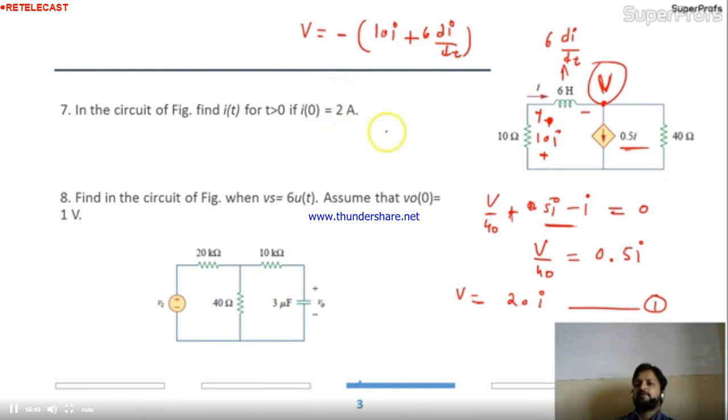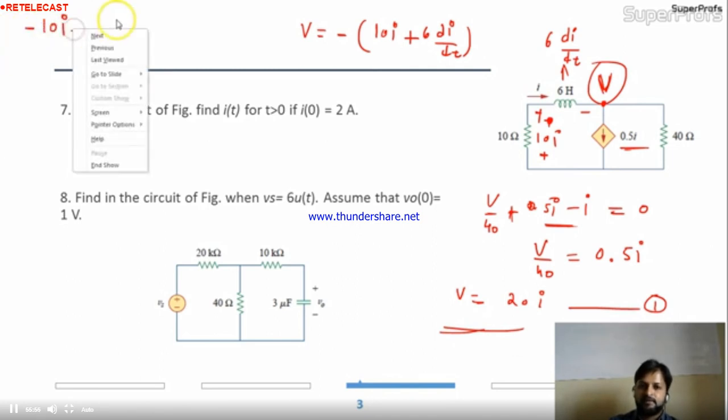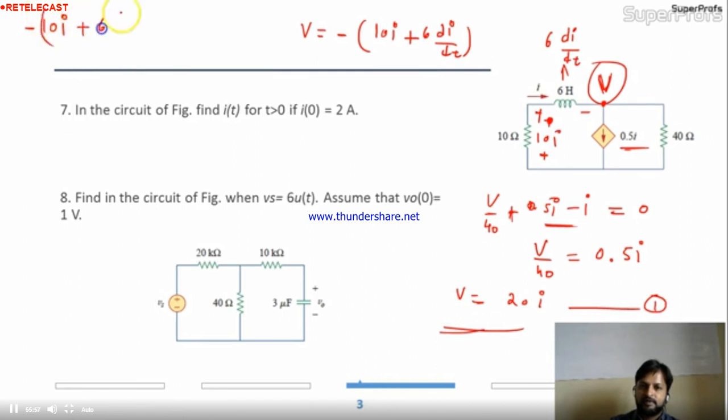Can you replace it over here? Yes, I can replace. So minus 10I plus 6 di by dt equals 20I. This minus sign will go here and it will come here. So the equation will be 6 di by dt plus 30I equal to 0.